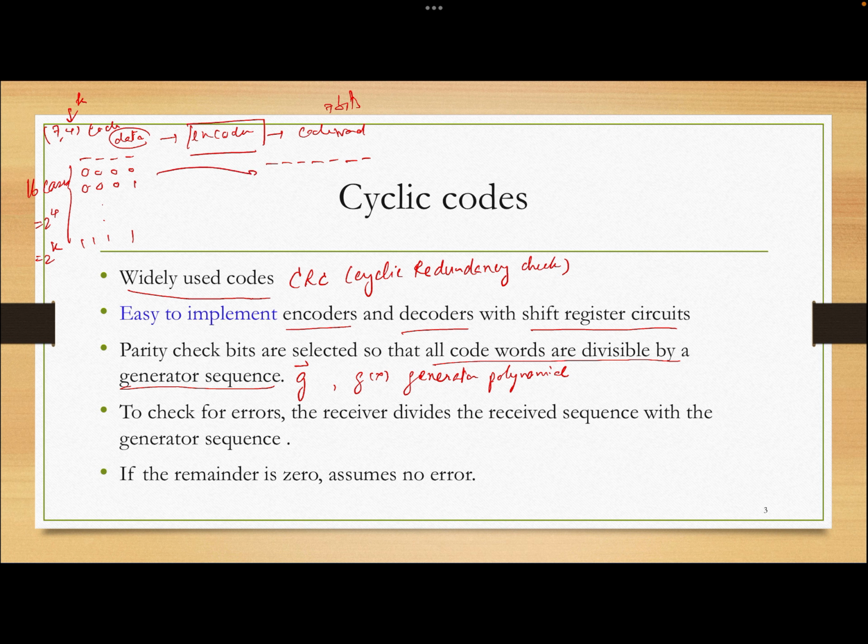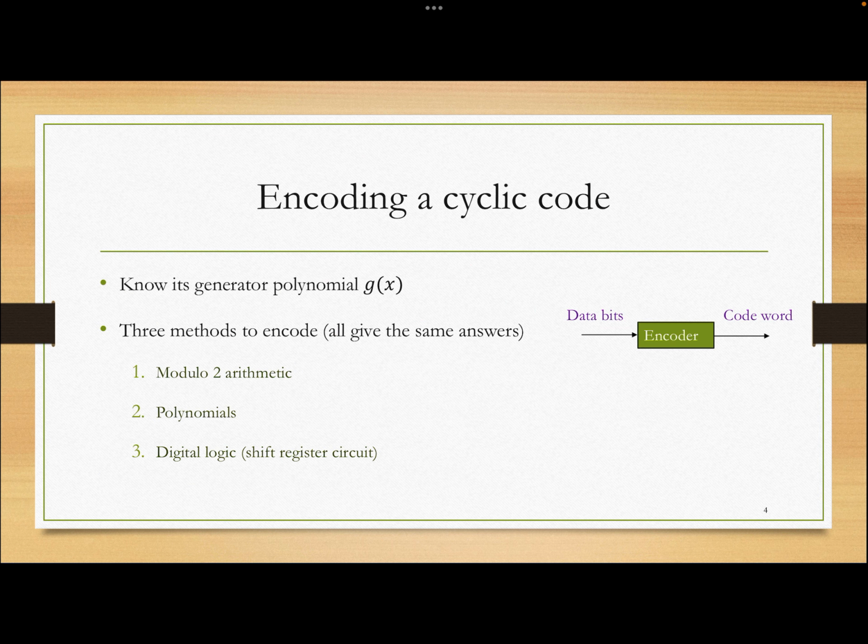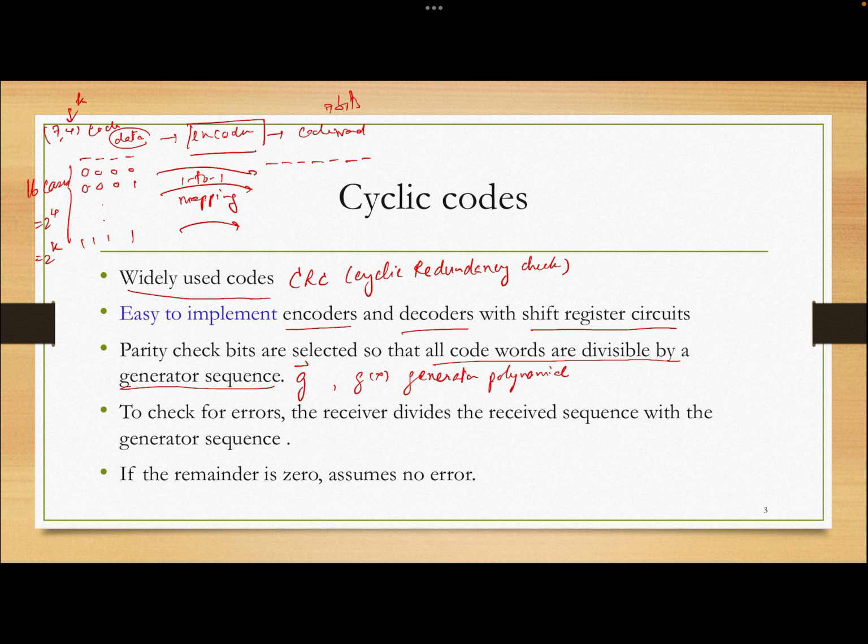So it's going to be a 1-to-1 mapping. So you also have 16 patterns or 16 cases of code word.